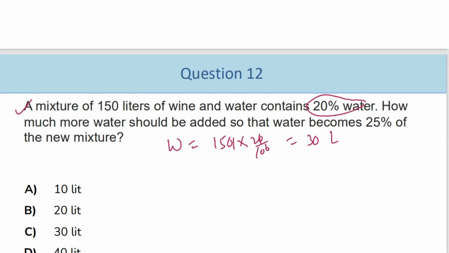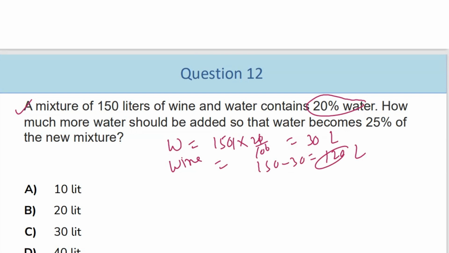Then the remaining is wine. That is 150 minus 30, so we get 120. Right? Now the question is how much more water should be added so that water becomes 25%.